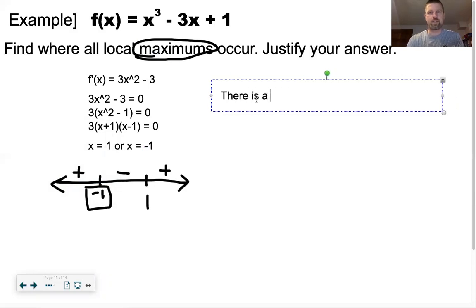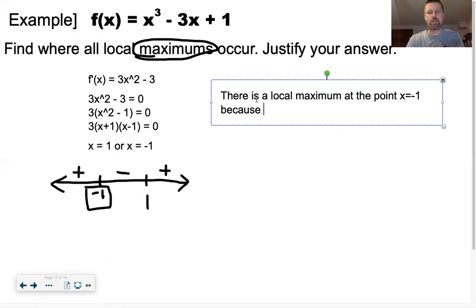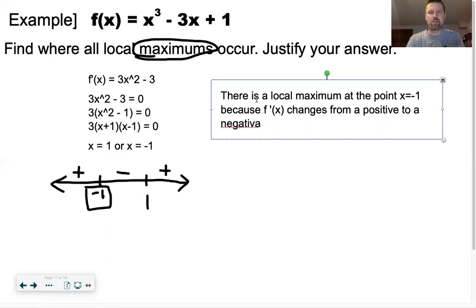There is a local maximum at the point x equals -1 because f prime of x changes from a positive to a negative at x equals -1.